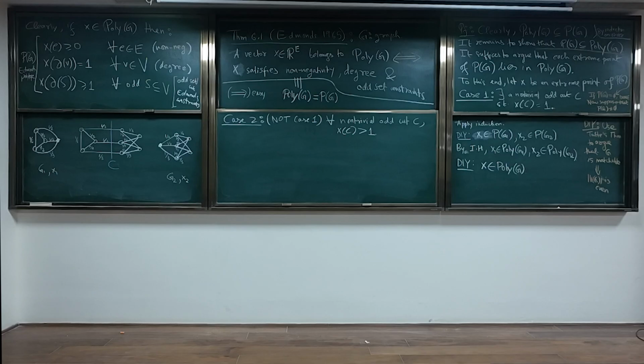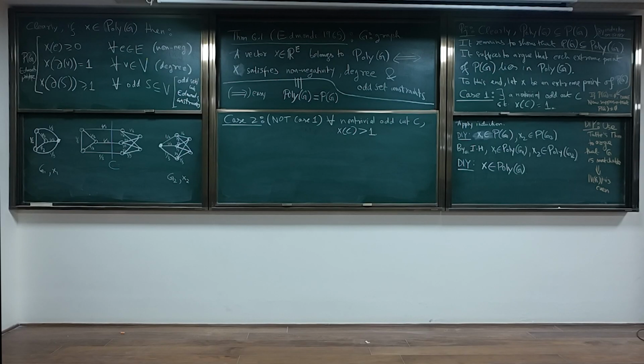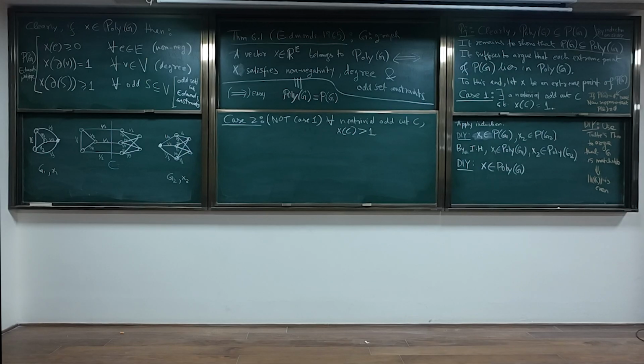For those of you who are done with DIY 1, if you are struggling with DIY 2, try not to think about all real numbers. Try to deal with rational numbers. And just see if you can figure it out for rational numbers. If I confuse you further, sorry about that. DIY 1 or 2? 2.